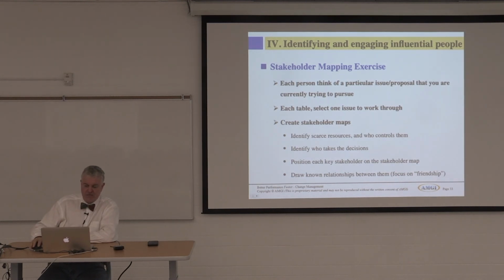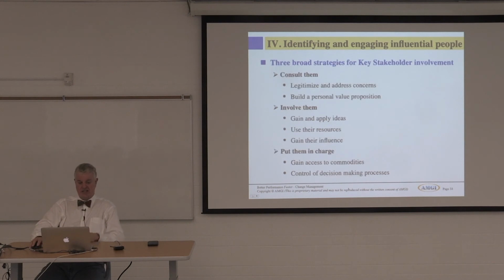Each person thinks of a particular issue that you're currently trying to pursue. Each table, select one issue to work through, create a stakeholder map, identify scarce resources, identify who makes decisions. Look, a lot of us do this in our heads instinctively, but you can write it down to maybe communicate with your colleagues. Three broad strategies for key stakeholder involvement: consult them, involve them, put them in charge.